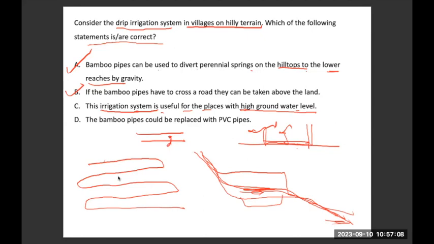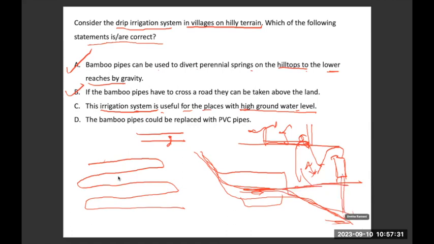But if it was a pump irrigation system, like the pump where there is a handle that you move up and down, somebody will be handling the pump and moving it up and down.